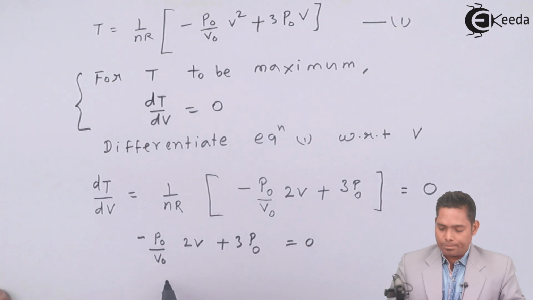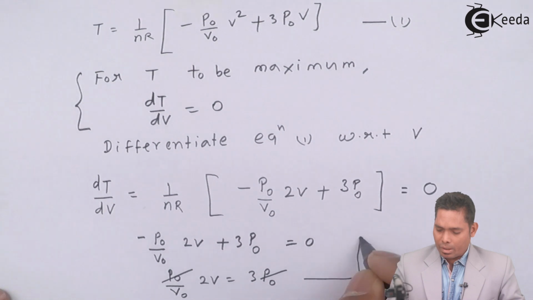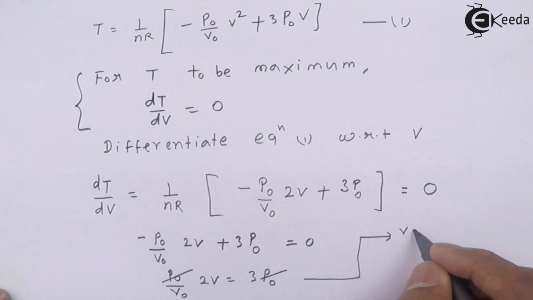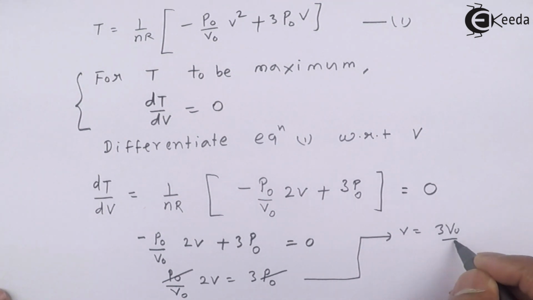So I'll write P naught by V naught times 2V equals 3P naught. From here that P naught will also cancel out, and I'll get V equals 3 V naught by 2.